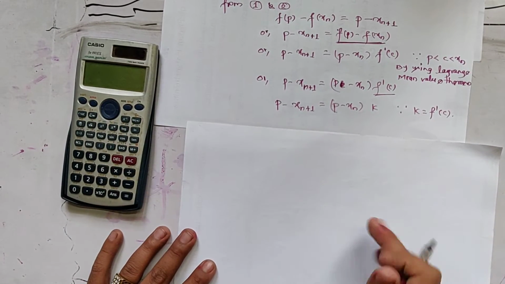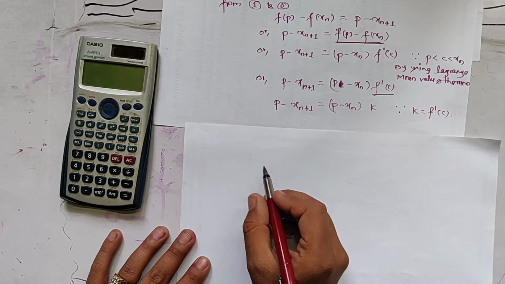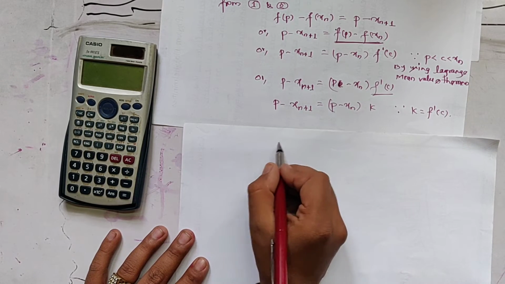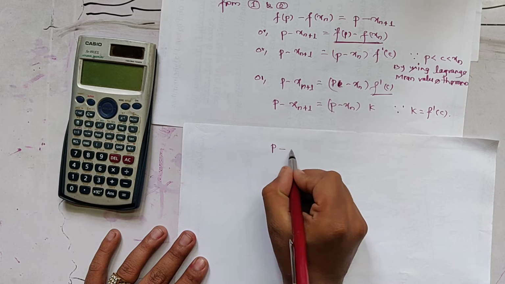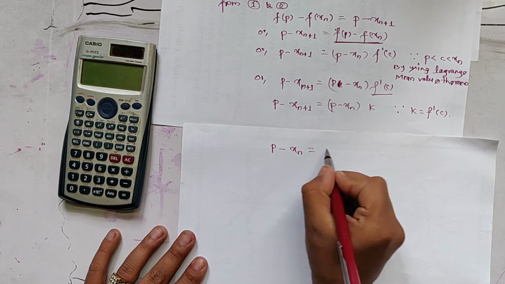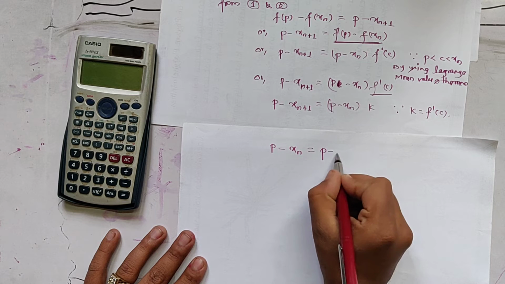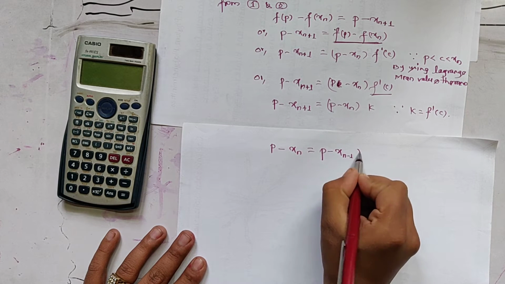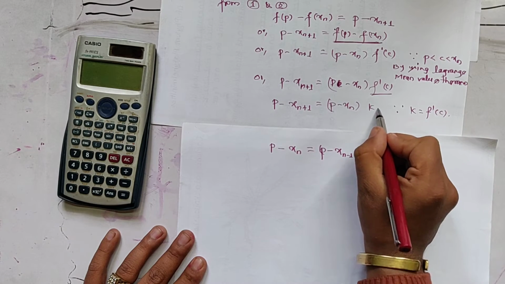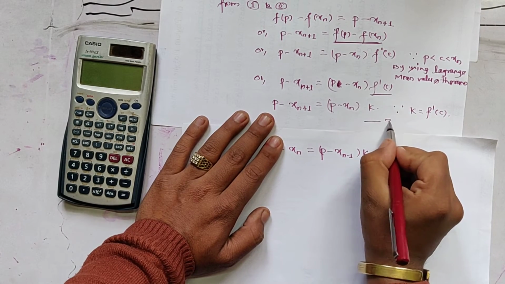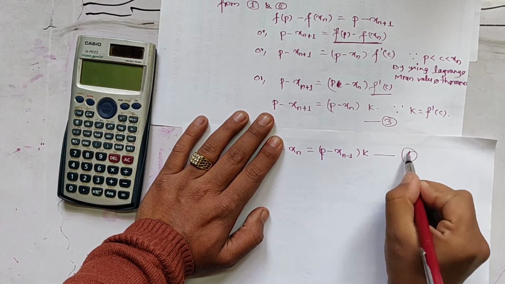Now we can write it in the form, if it is n plus 1, there is n, so we can also write p minus xn equals p minus xn minus 1 into k. Let this be equation 3 and this be equation 4.